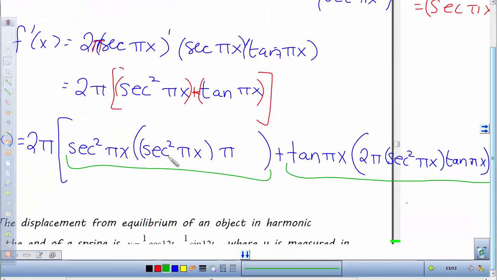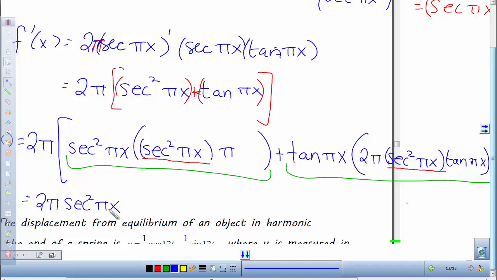And so in these two terms, they have secant squared pi x in common. I've actually got secant to the fourth over here, but I hadn't even multiplied them together yet. So I'm just going to factor out secant squared pi x. That's going to give me 2 pi secant squared pi x.